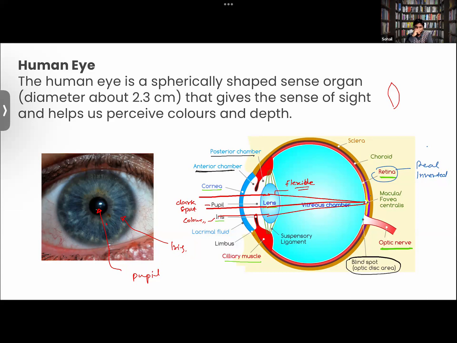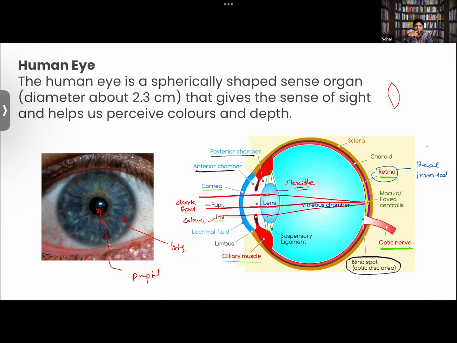Okay. Basically, on the contrary, if it contracts, it will become smaller, and thereby it will allow less light to enter. If it relaxes, it will expand, and then it will increase the amount of light entering the eye. So if it contracts, the pupil gets smaller and less light will enter, right?